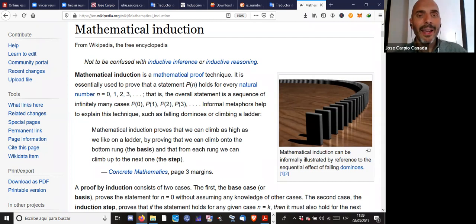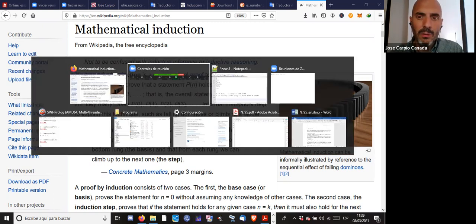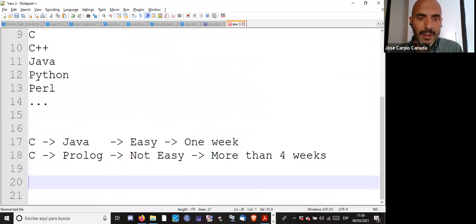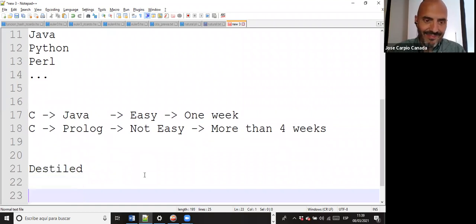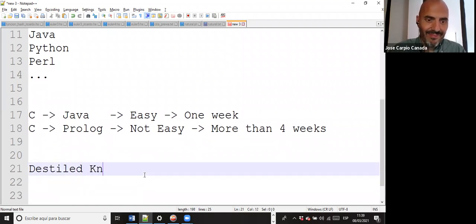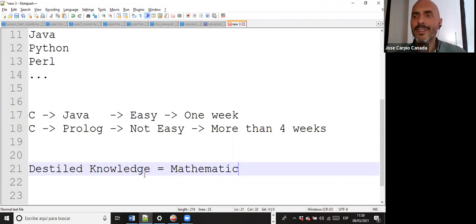But I realized that mathematics, for me, is like distilled knowledge. You know what the word means? Something distilled, like a whiskey.